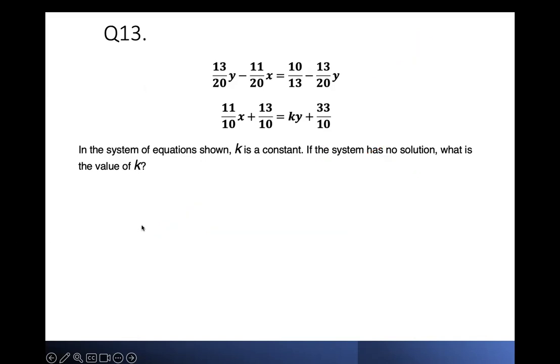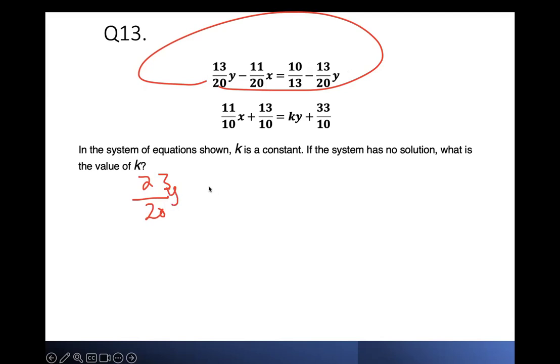All you need to do is make it like a linear equation, keep the y on one side and x on the other side, then you equate it. So if you take the first equation, I have 13y minus 13 over 30y. You get 23 over 20 y. That's the first thing. Where is the x? Let's go here. Yes, 11 over 20 x. And then the 10 is already there.